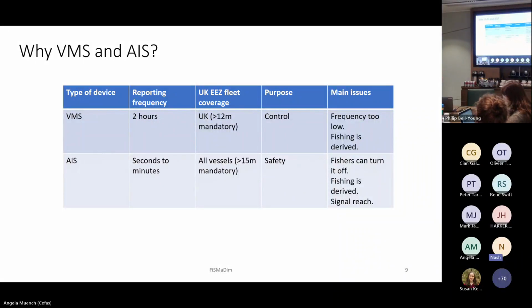And the main issues with these devices in terms of representation of fishing activities is that fishers can turn it off and stop reporting positions sometimes, we might have issues with the reach of the signal to transmit the data. And also, same as with VMS, you have to infer the fishing activities using some statistical methods or models.